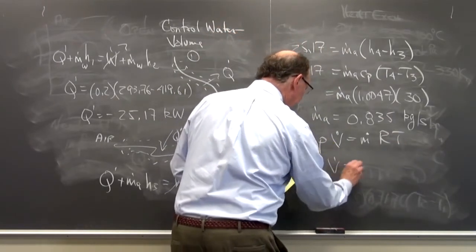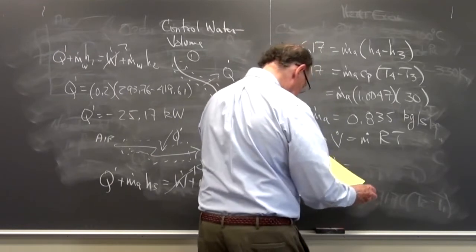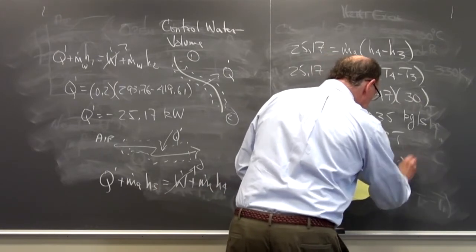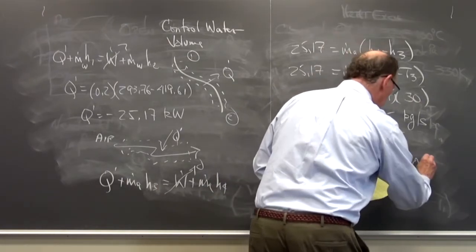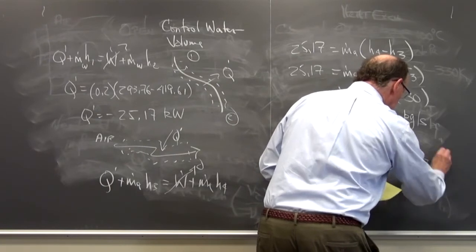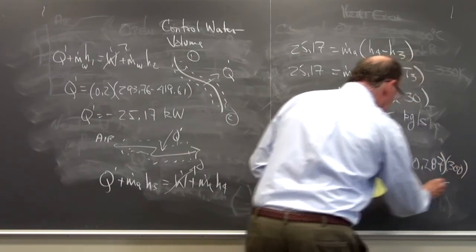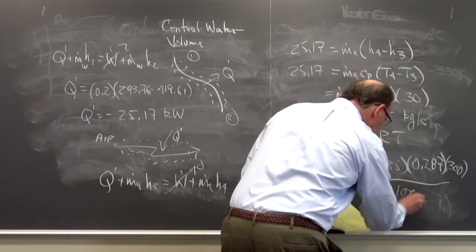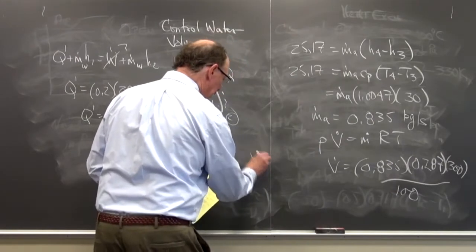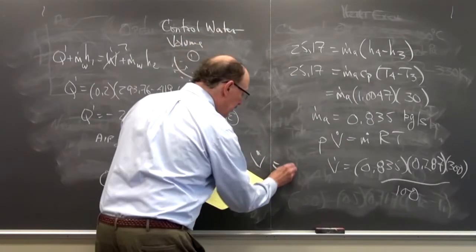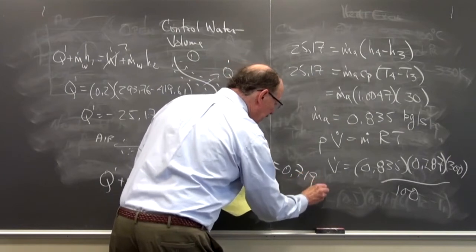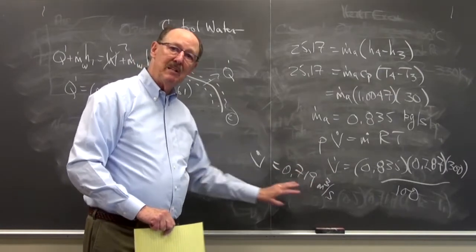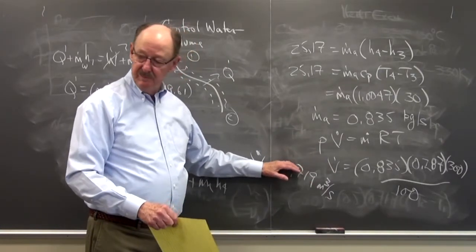So the volume flow rate is equal to 0.835 times 0.287 times 300, divided by the pressure of atmosphere, 100 kPa, where I get that the volume flow rate is 0.719 cubic meters per second. So with this, I can determine the fan power if I so wish to.